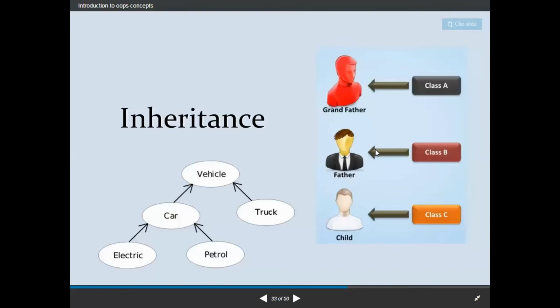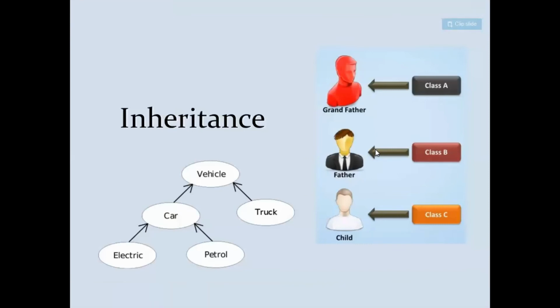Next one is inheritance. Normally in biology, you will use the biological word heredity, right? Some of the characteristic features of a parent or grandparents will automatically be transferred to the offspring.